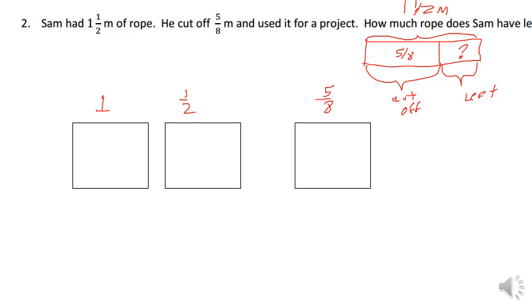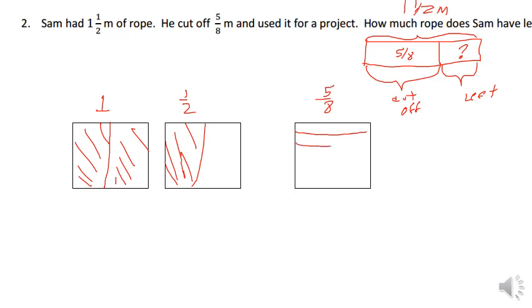So we're going to put this into halves, and on this one we're going to shade both sides. On the second one we're only going to shade half. Now we're doing 5/8, so I'm going to cut this up into eighths. There's 1, 2, 3, 4, 5, 6, 7, and 8.